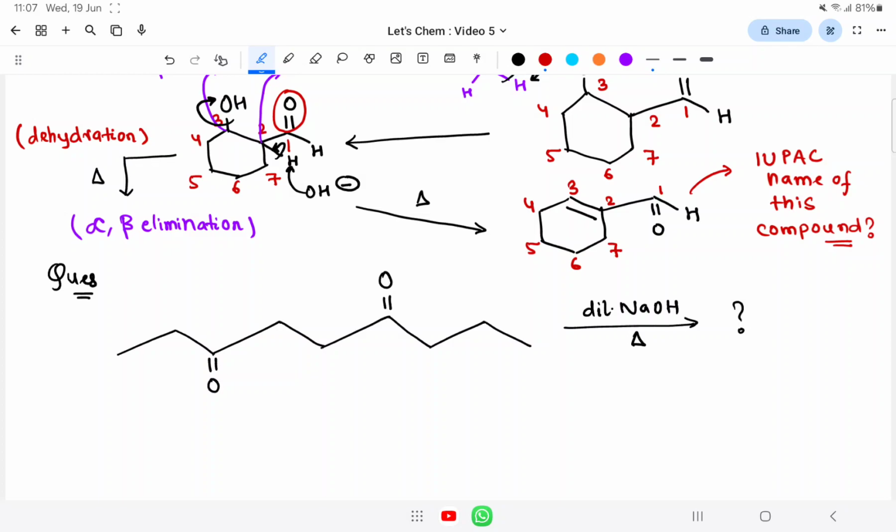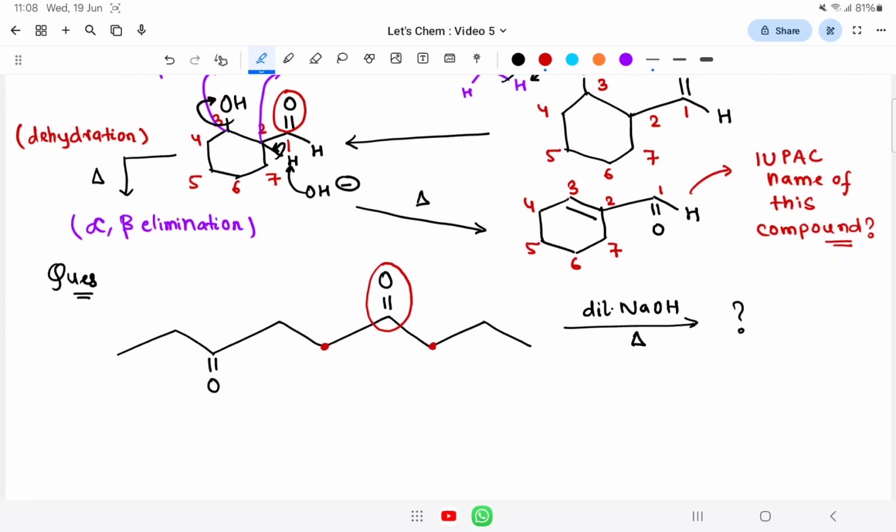What are the 2 possible cases? Let me consider that this carbonyl is going to attack. So this and this are going to be my 2 points from where the attack can happen.